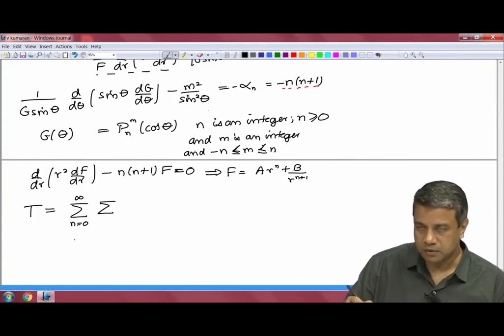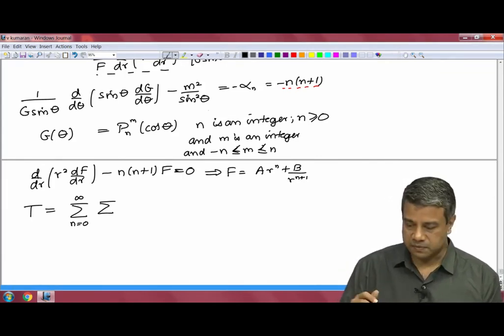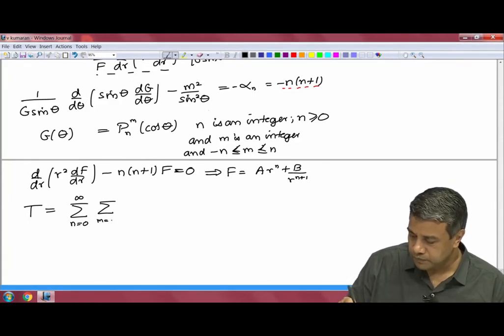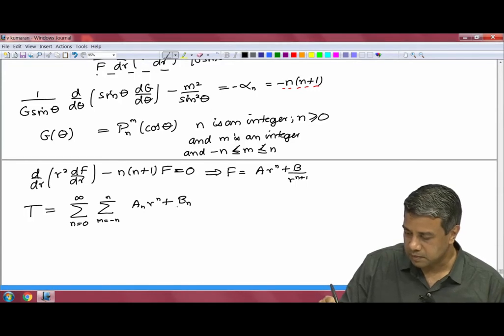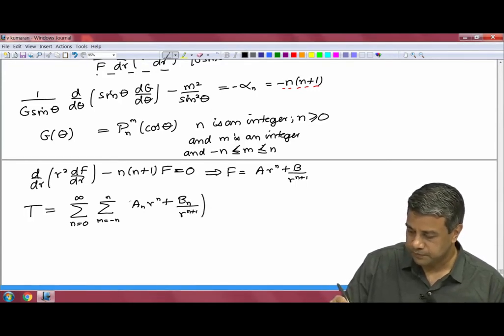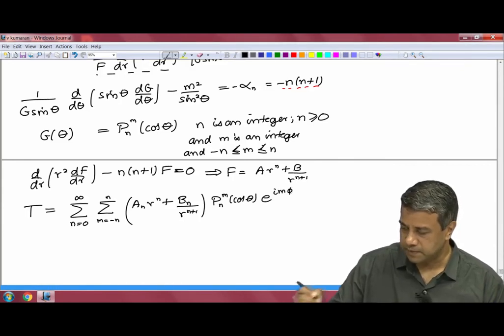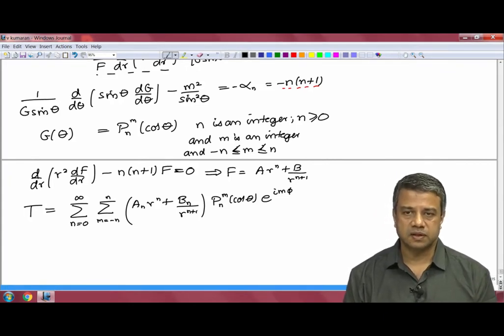I told you that for the solution to be finite at theta equal to 0 and theta equals pi, the integer m has to go from minus n to plus n, of a n r power n plus b n by r power n plus 1, P n m of cos theta e power I m phi. Okay. So, this is the generalization of the solution that we had got earlier.